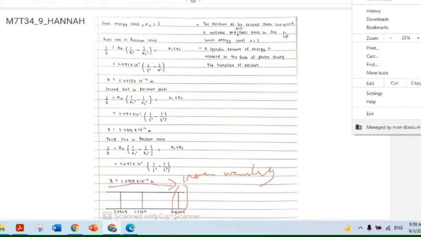A specific amount of energy is released in the form of a photon during the transition of the electron. And then it will appear as how many lines? 3. So, appear as 3 lines in the emission spectrum. Okay, good, add a little more.